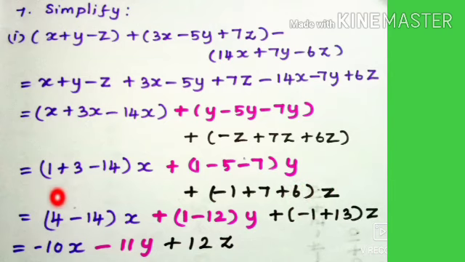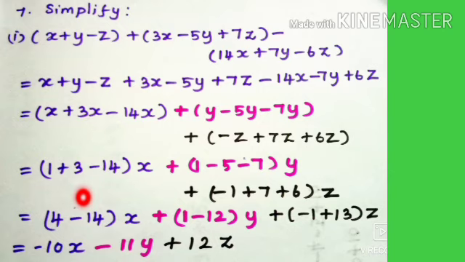Here in the next step, 4 minus 14 is minus 10. So by using addition of integers, when we add two integers of different sign, the sum will be the difference between the two integers and have the sign of the integer with greater value. So the difference of 14 and 4 is 10.